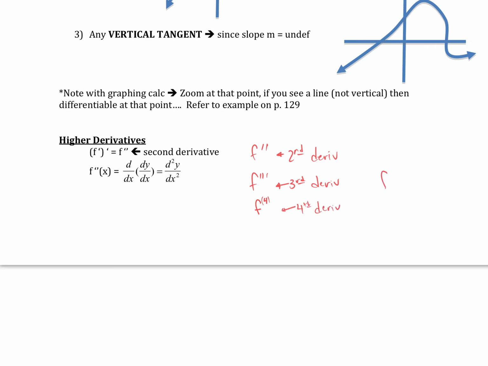In fact, I could say f with an n here, and that gives me the nth derivative. Okay, so whatever they put up here, it doesn't mean the function to the fourth power, the function to the fifth. You're taking the fourth derivative, the fifth derivative, the higher order derivative. Now in Leibniz notation, we can say d squared y over dx squared, like that.